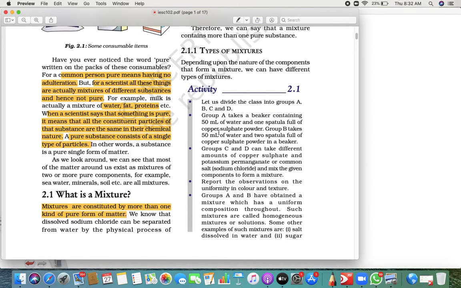Now what we are going to talk about today is types of mixture. We have dissolved so many things into water, right? In some, we see that the particles dissolve completely. For example, if you add a spoon of sugar into water, it dissolves completely.